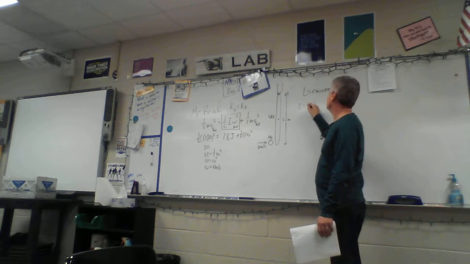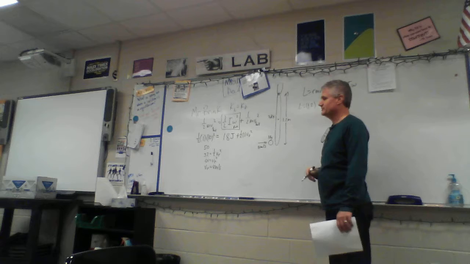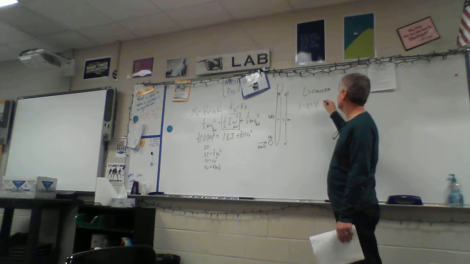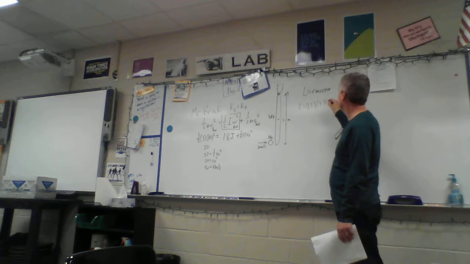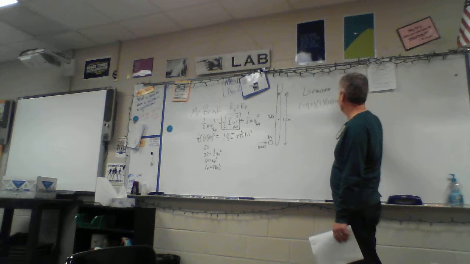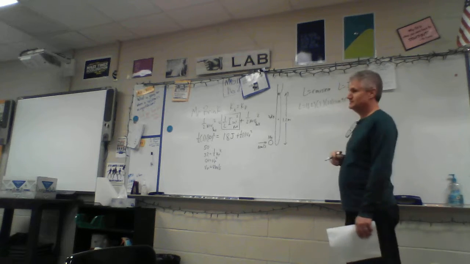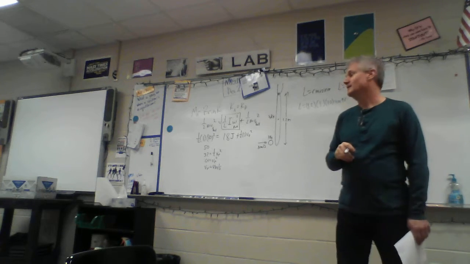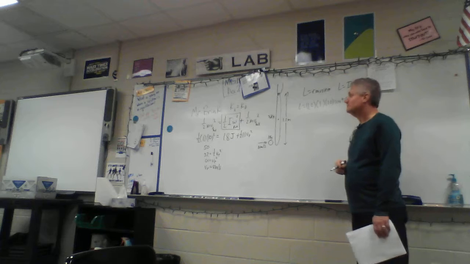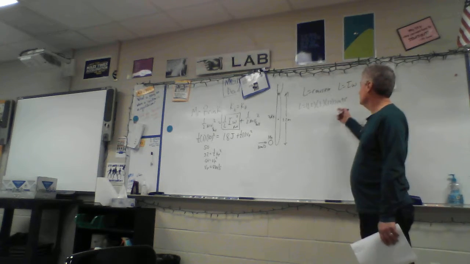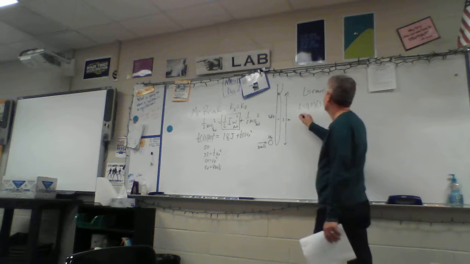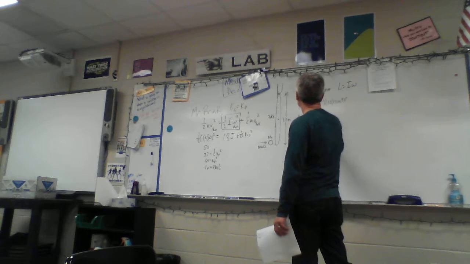That's the radius, which is the length of the rod, 1.2, times the mass, which is 1, times the velocity, which is 10, times sine of the angle, which is 90 degrees. That's 1, so that is 12.